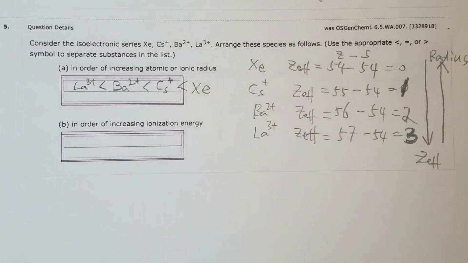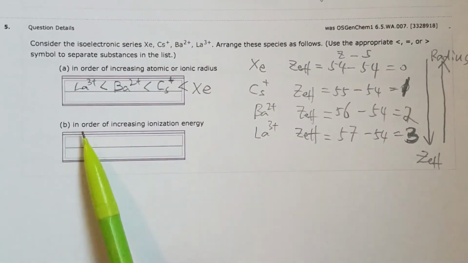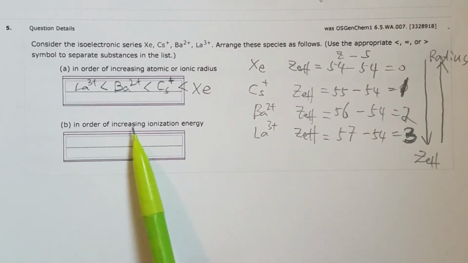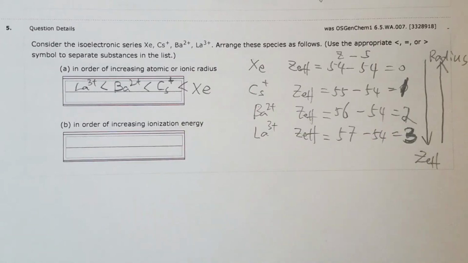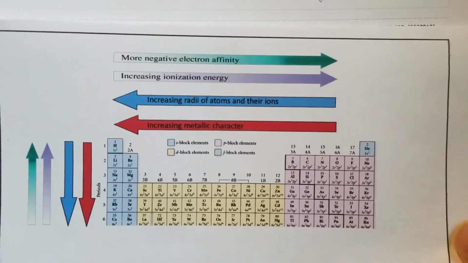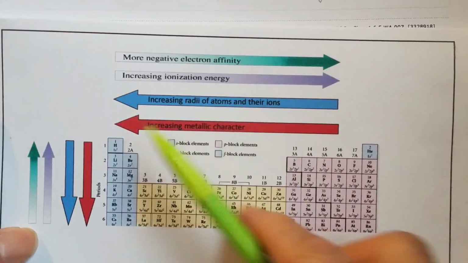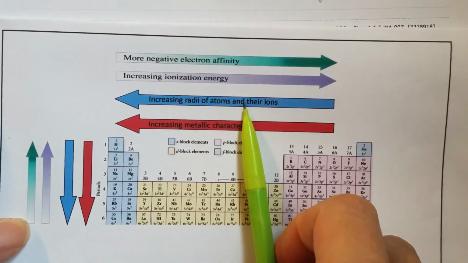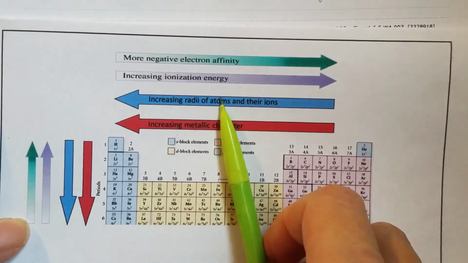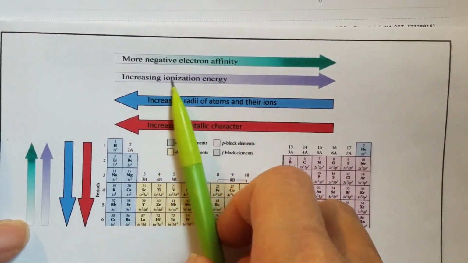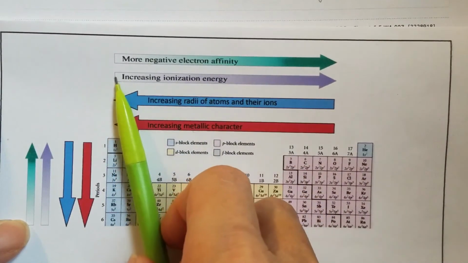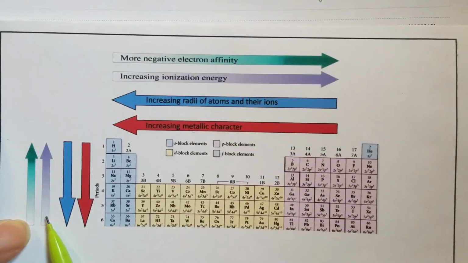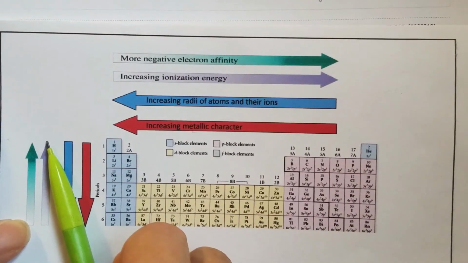That's for A. In question B, we need to place them in order of increasing ionization energy. For ionization energy, the trend is exactly the opposite of the radii of atoms or ions. It increases from left to right, from bottom to top.